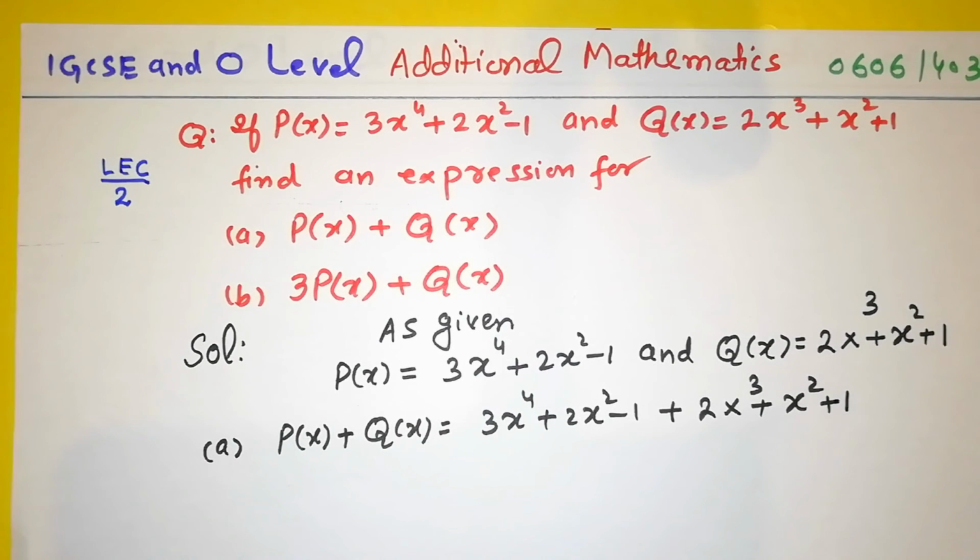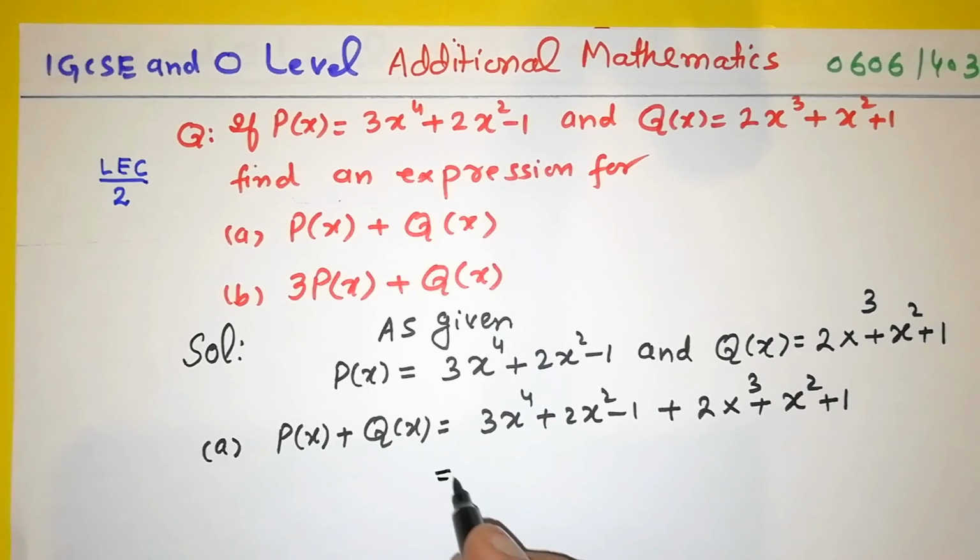Now students, we have to collect like terms. Like terms mean same degree terms. As you see, there is a 3x^4 and there is no other like term; a term of degree 4 is only this one, not here.